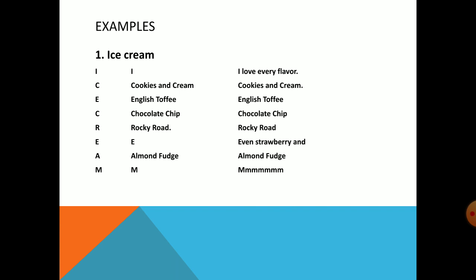Then C, cookies and cream. Then E, English coffee. From C, chocolate chip. From R, rocky road. From E, even strawberry. From A, almond, and from M. So these are the words and these are the letters. From those letters I have created my own acrostic poem. You can make your own.